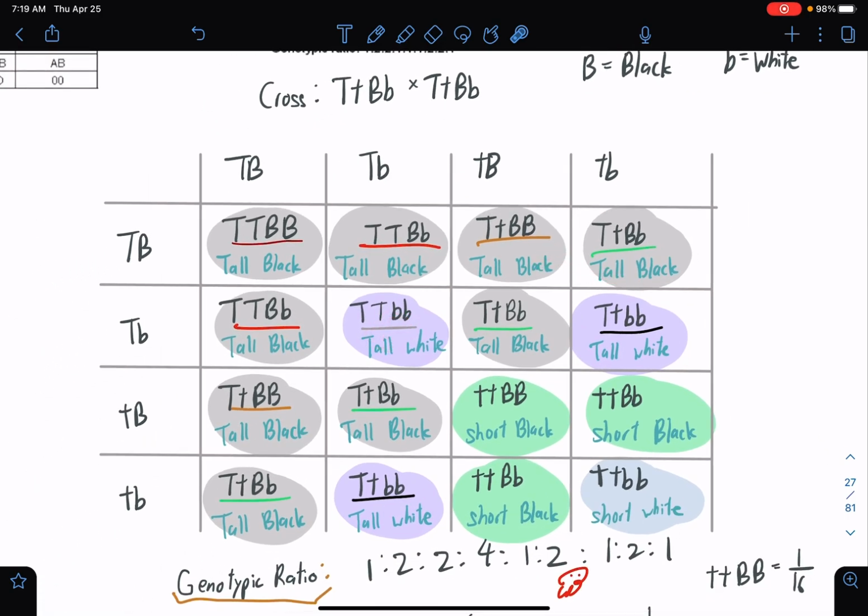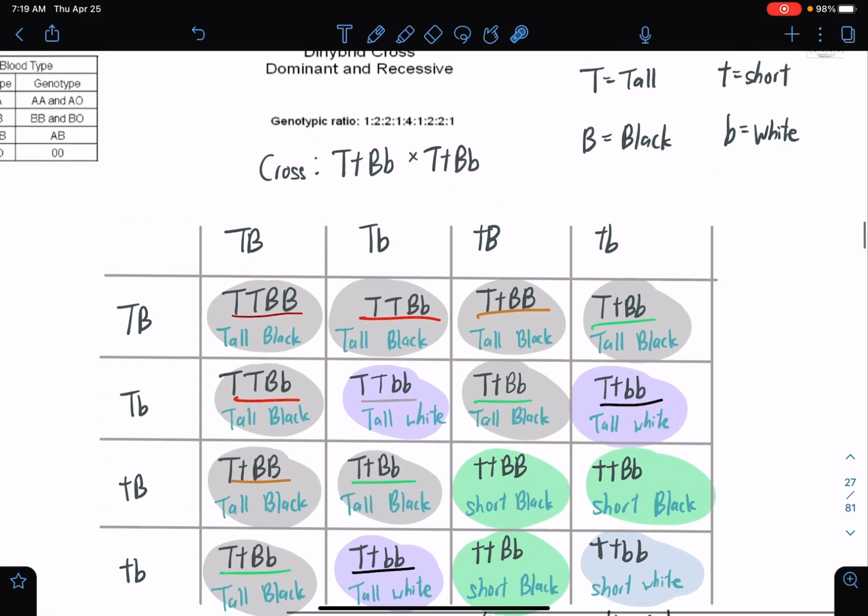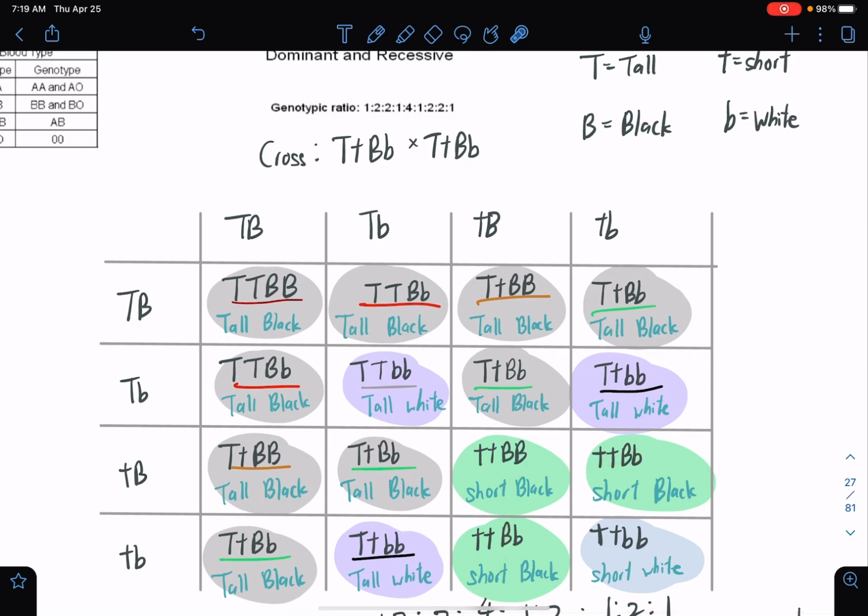Here we have capital T is tall, and small b is white. Those are highlighted purple. Three of them matched together. The gray ones have the same phenotype and not necessarily the same genotype. For the green ones, we have small t, that's short, and capital B, which is black. And one matches for both short and white at the same time.